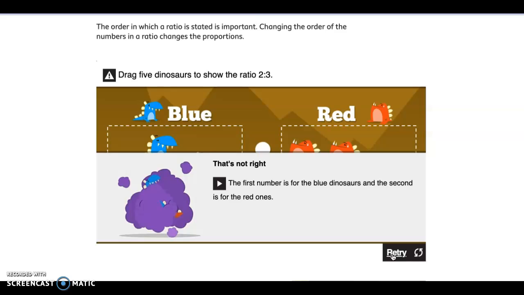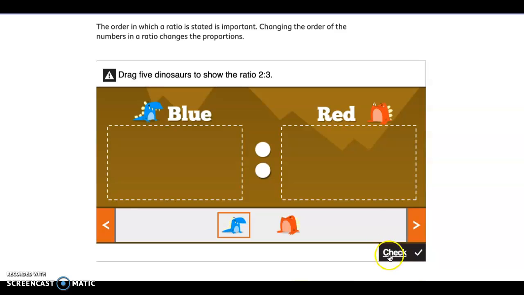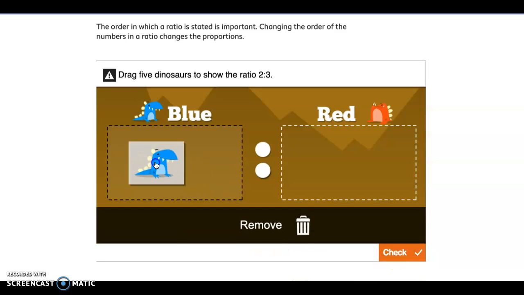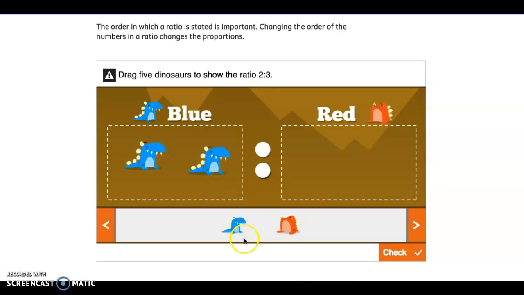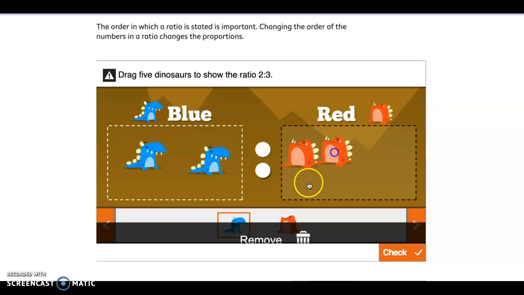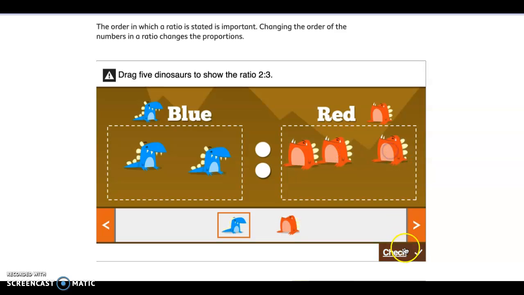Okay, so then it gives, again, scaffolded information. The first number, 2, is for blue, and the second is for red. Okay, so we're going to hit retry, which is great. That's a positive for any website, that it doesn't just go wrong. So 2 blues, and 3 reds. 1, 2, 3.